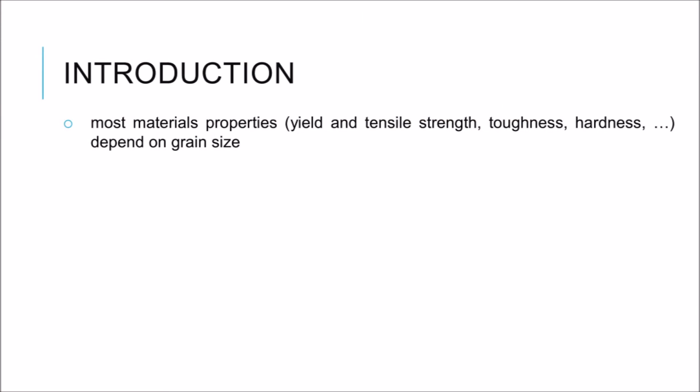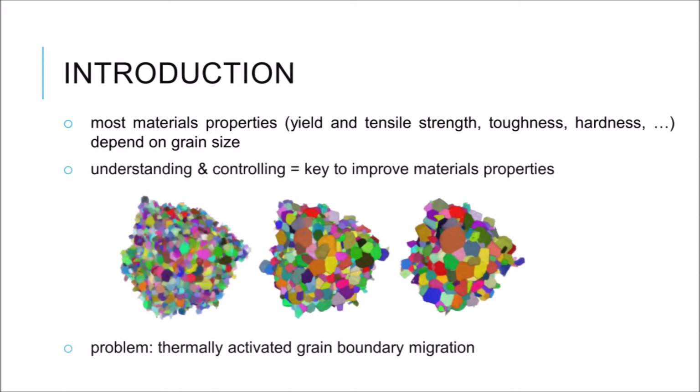First things first. Most materials' properties, like yield or tensile strength, but even toughness, hardness, etc., depend on the grain size of a polycrystalline material. Hence, understanding and controlling such materials' microstructures and therewith the grain size are a key to improve materials' properties.